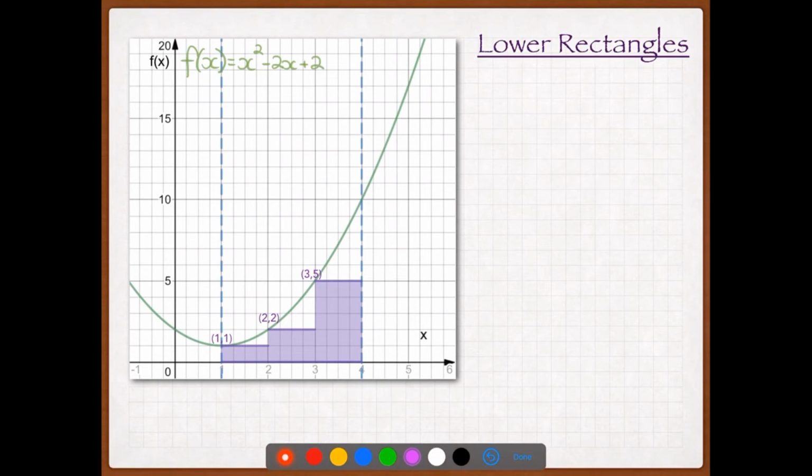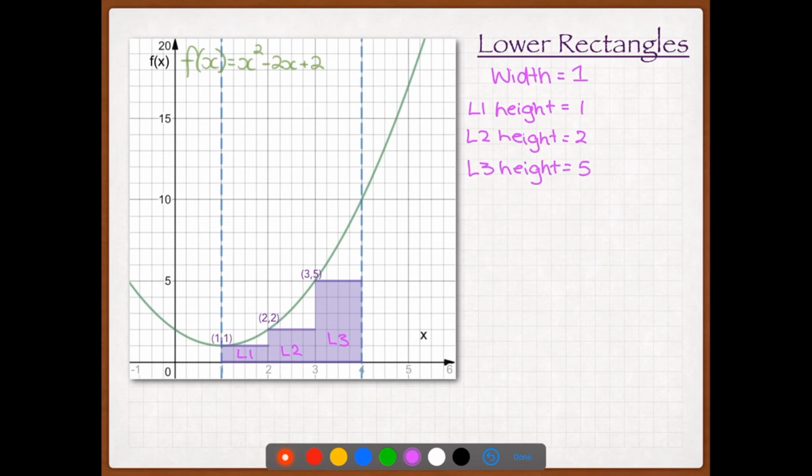The next thing we need to do is find out what the areas are for each of the rectangles. We're going to call these L1, L2, and L3. Using the coordinates that we found before, we already know what the heights are, and we have a constant width for each of these equal to 1. The L1 height, as we've already found out, is equal to 1. L2 height is equal to 2, and L3 height is equal to 5.